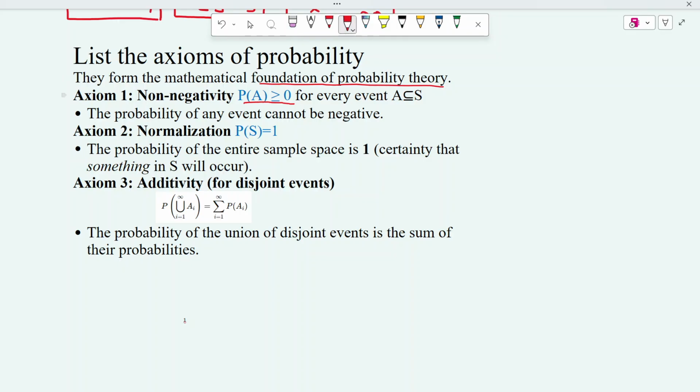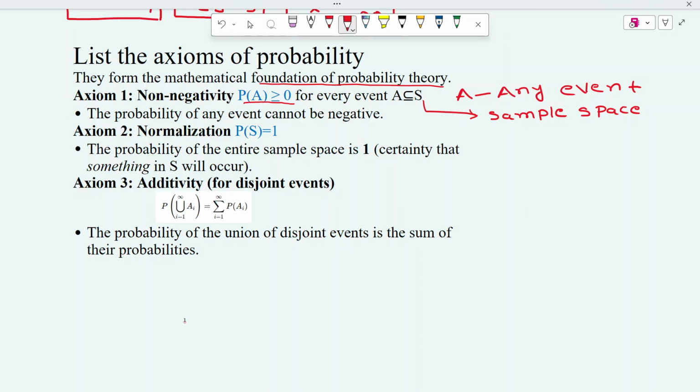If you take any event A that belongs to S, here S is nothing but the sample space, then the probability of A is always greater than or equal to 0.